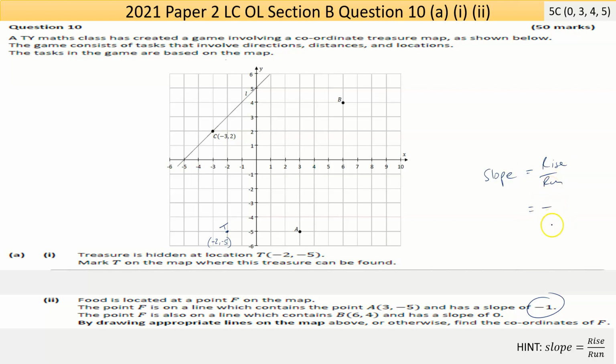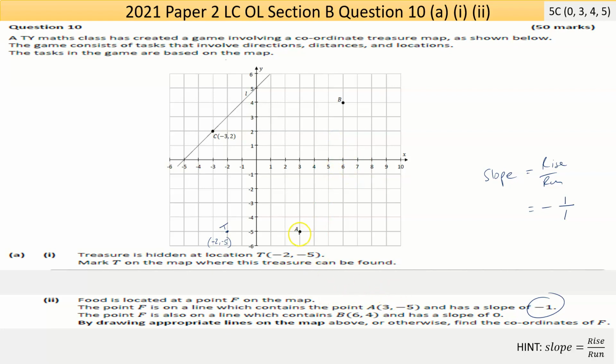And the only way you can get 1 is if it's going down 1 for every 1 it's going across. Okay, so that tells us something about what's happening. Whatever is happening, it's going down, 1 for every 1 it goes across. So if it could be there and there, it would be at that steepness.